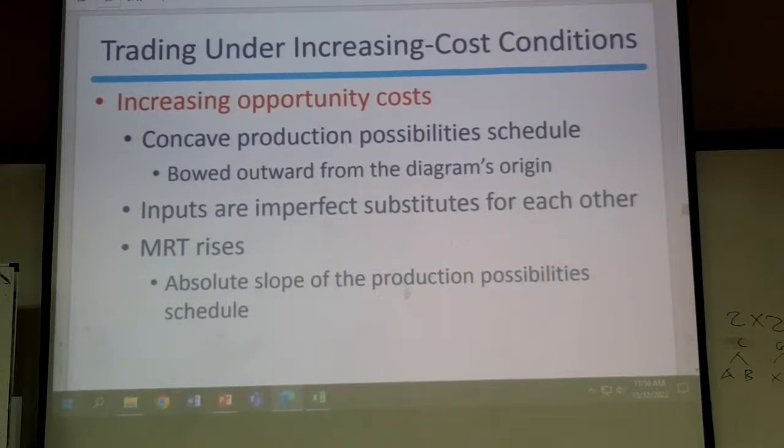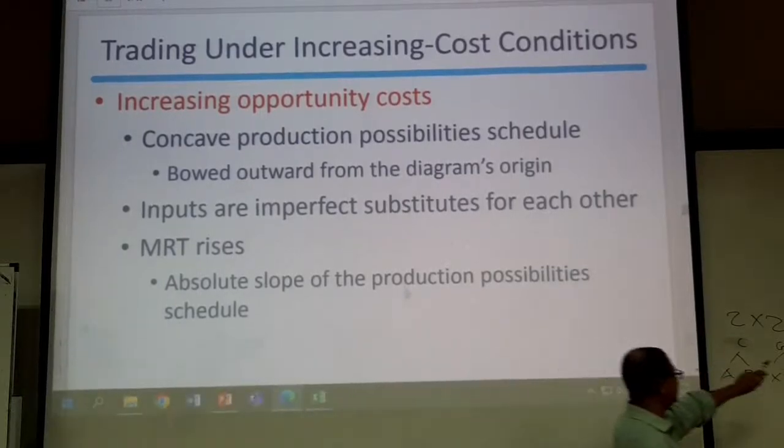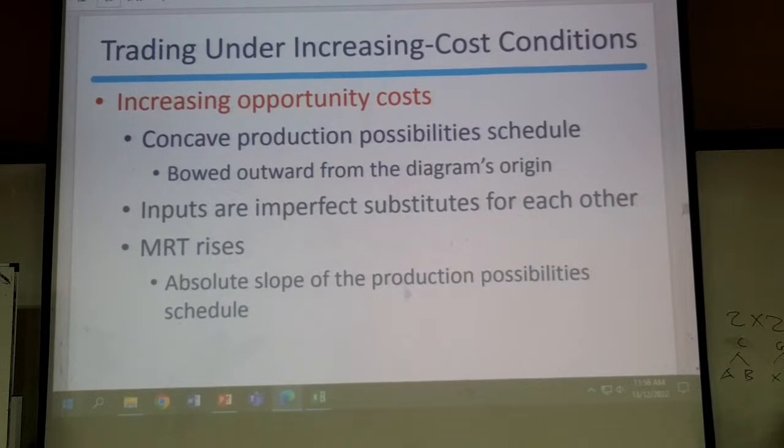We assume everything the same, so only the difference is taste. When we study technology, we assume the rest is all the same, same taste, same resource endowment, except technology not the same. So ceteris paribus. So 2 by 2.